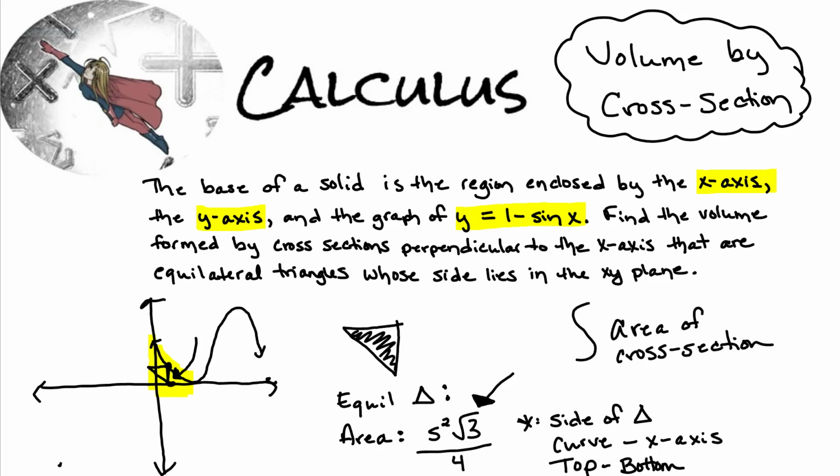So the length of that side, top minus bottom, is the curve, which was 1 minus the sine of x, minus the bottom, which is the x-axis, which means that's just minus 0. So this right here is s.